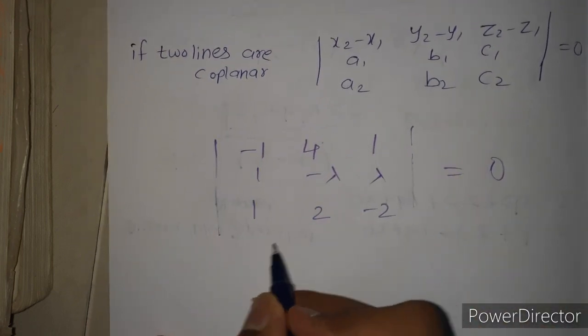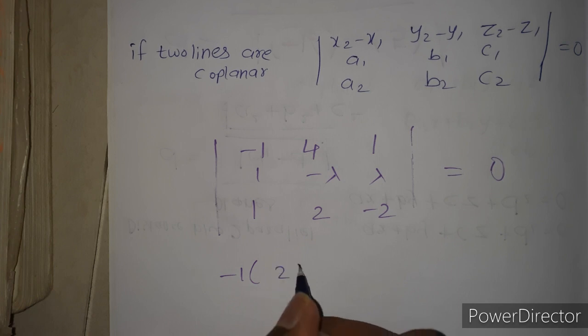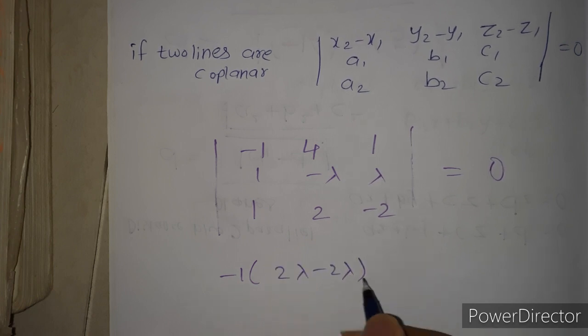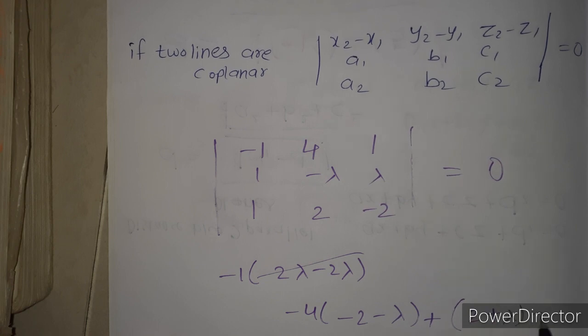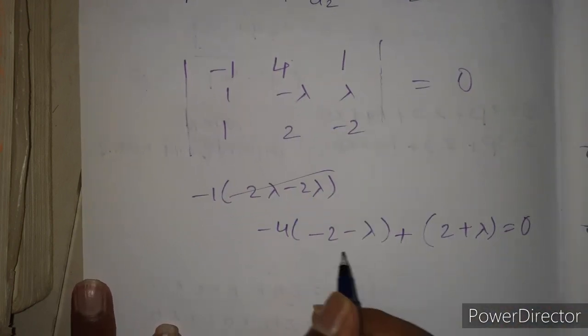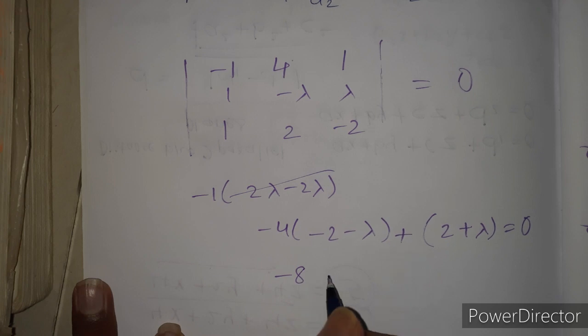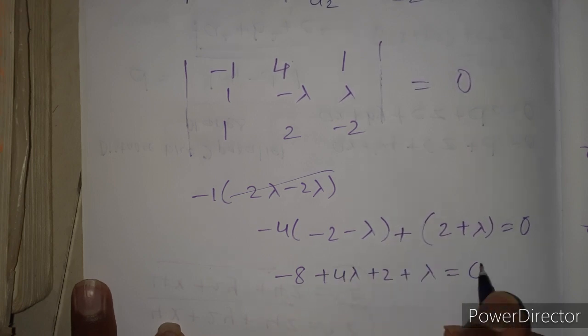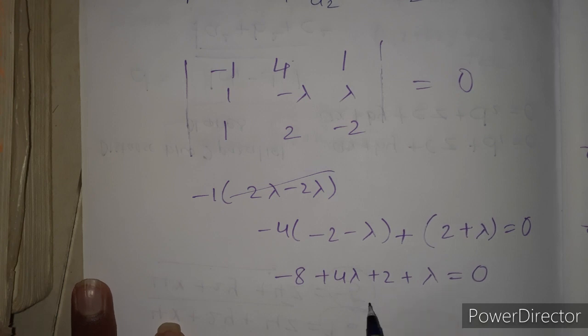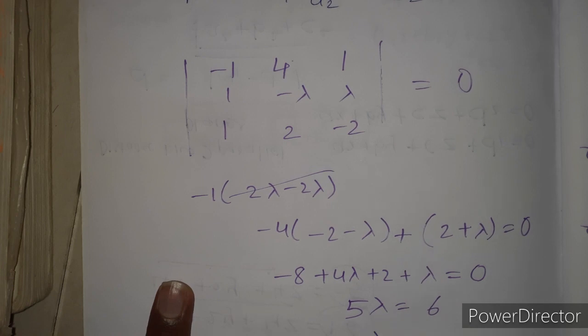So minus 1 into (2 lambda minus 2 lambda), this is 0, minus 4 into (minus 2 minus lambda) plus 1 into (2 plus lambda), it must be 0. So this is minus 8 plus 4 lambda plus 2 plus lambda must be 0. And then 5 lambda is equal to 6, and lambda is equal to 6 by 5.